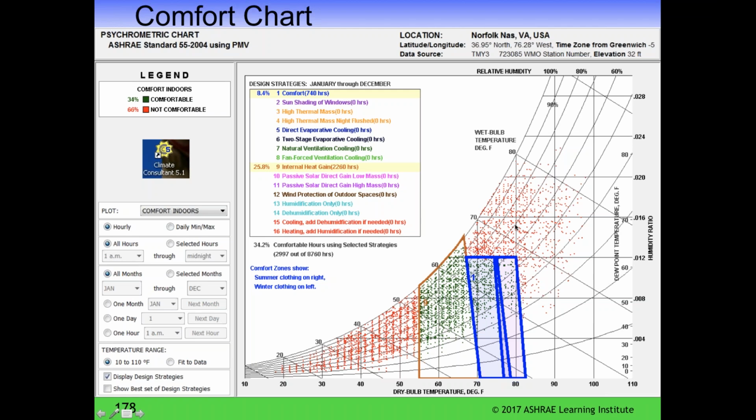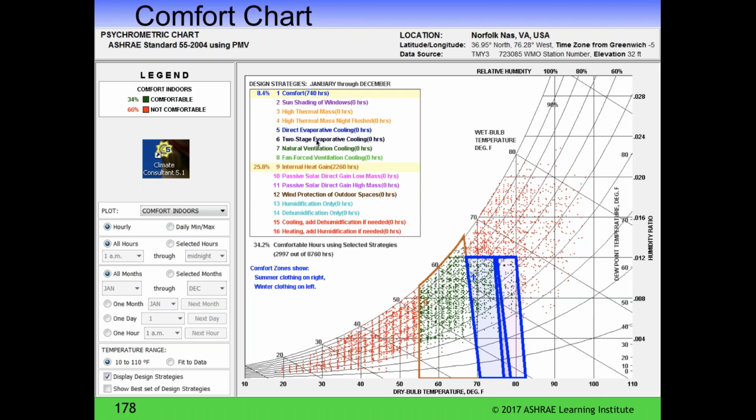And each dot on this psychrometric chart represents an hour of the year, showing you the range of temperature and humidity conditions over the year. And the orange box shows you the impact of internal heat gains in a typical building, increasing the comfort conditions for a building by going down to about 55 degrees. And you can use different strategies for increasing the comfort conditions.